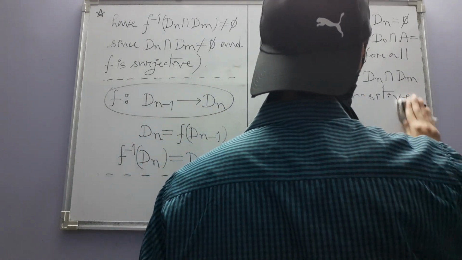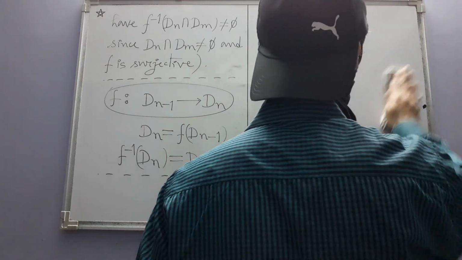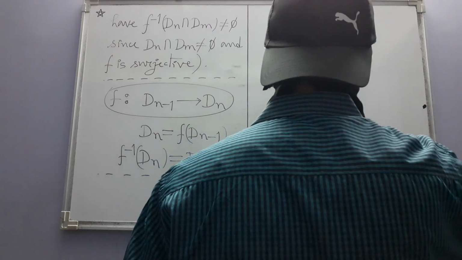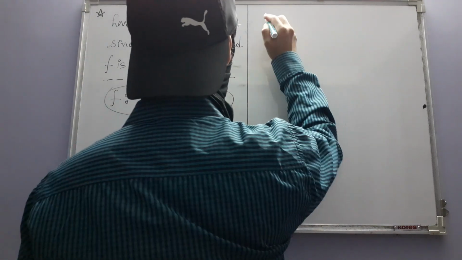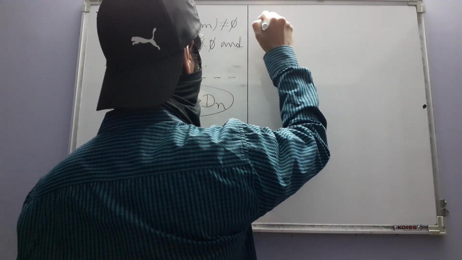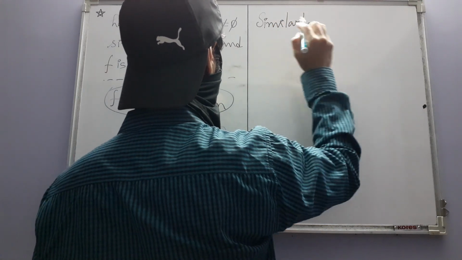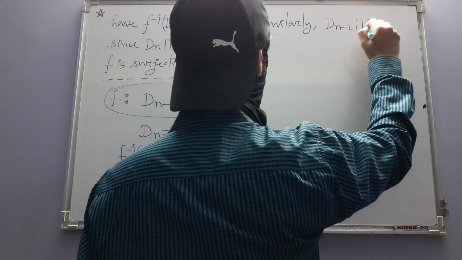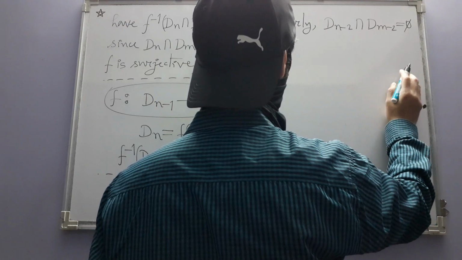Or we can write one more step. Similarly, Dn minus 2 intersection Dm minus 2 is non-empty.